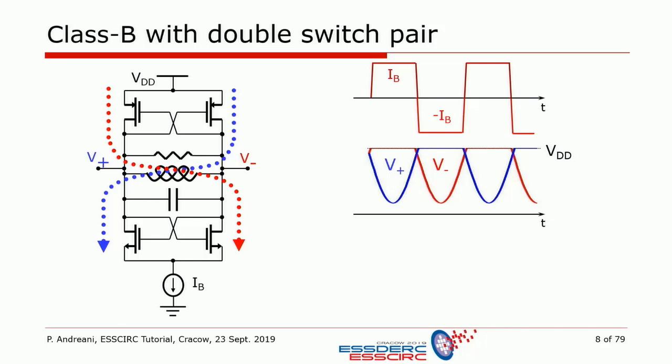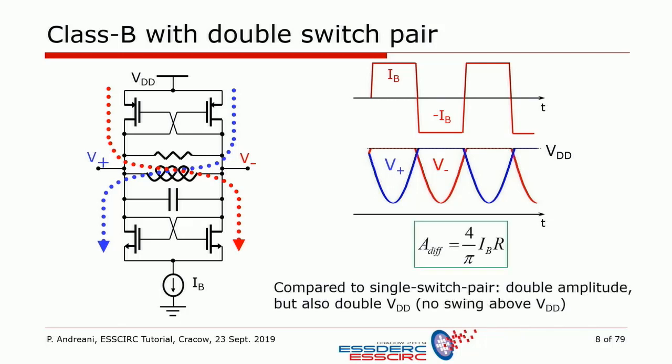So you can see it here. It's easier to look at the differential waveform of the current, which across the differential tank oscillates between IB and minus IB. And this means that the oscillation amplitude is 4 over pi times IB times R.